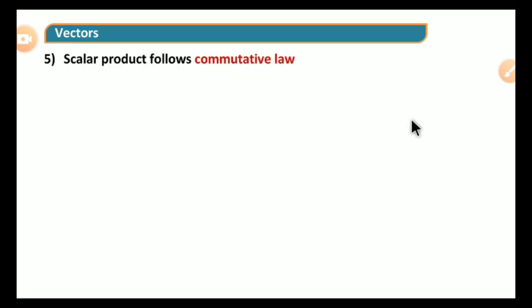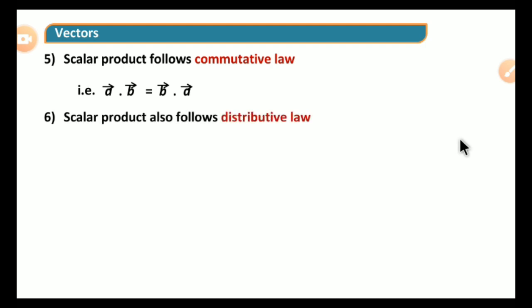Then we will go for the next property. Scalar product follows commutative law, that is vector A dot vector B is always equal to vector B dot vector A. And the sixth property, scalar product also follows distributive law. There are two types of distributive law. One is the left distributive law and another one is the right distributive law.